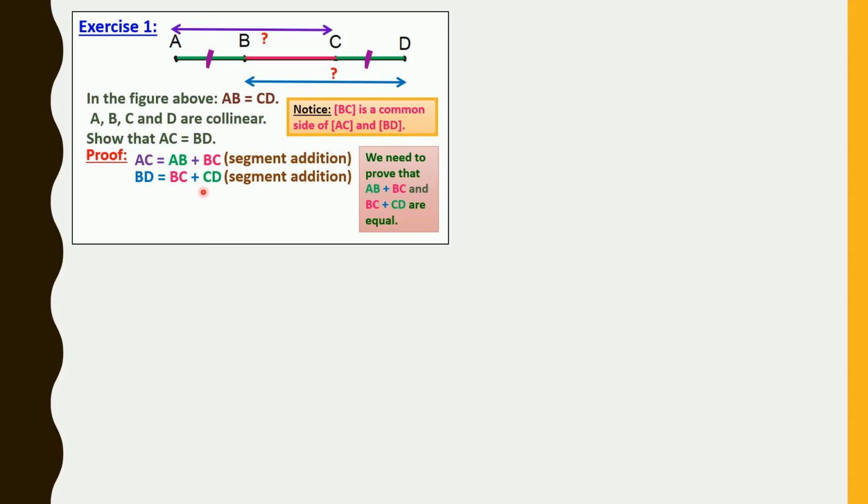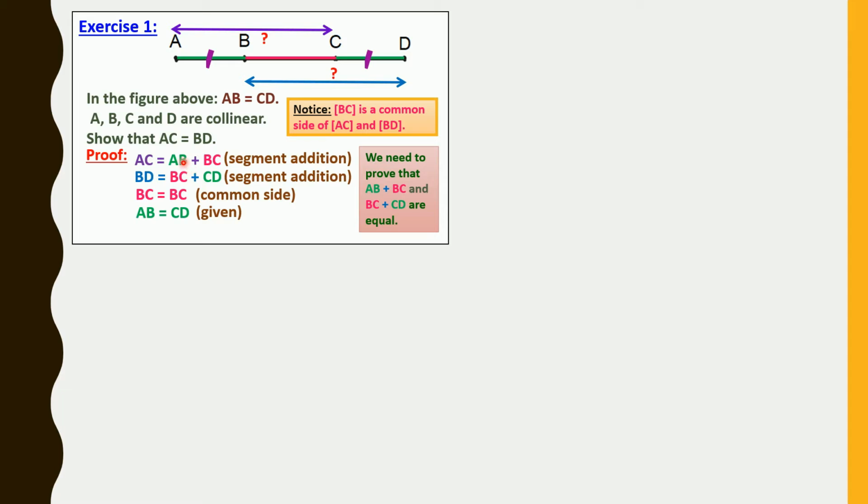But here we notice that segment BC is equal to segment BC because it's a common side of both segments, AC and BD. Also, we can claim that segment AB equals segment CD. It's given. It's a straightforward evidence.